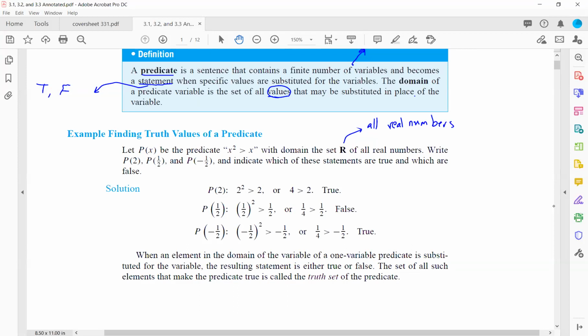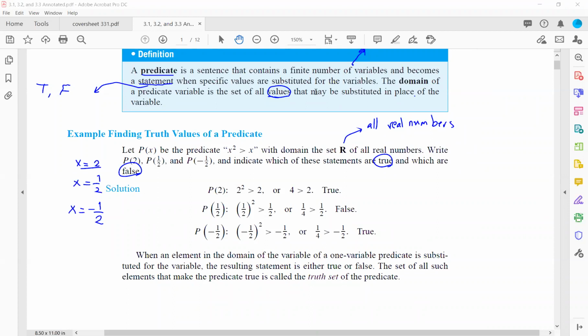It means that wherever we see x, we write 2. Then evaluate P of a half, then P of negative a half. So wherever we see x, we substitute these values. And indicate which of these statements are true and which ones are false.